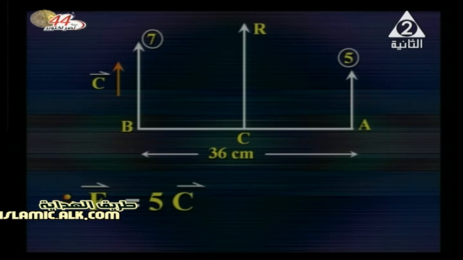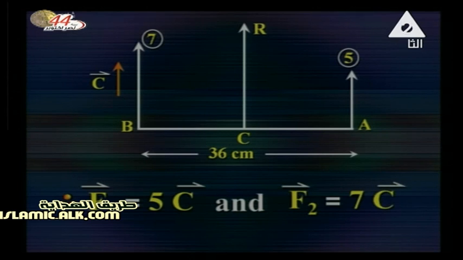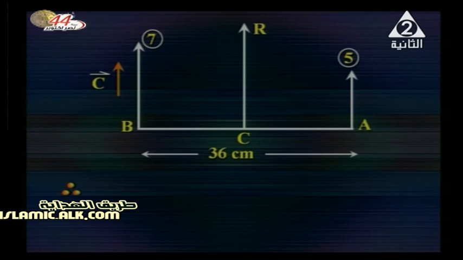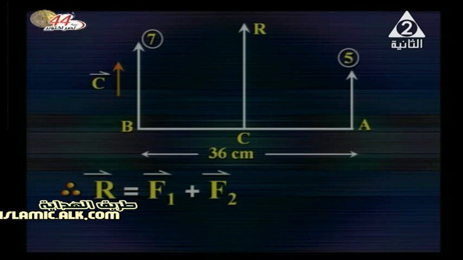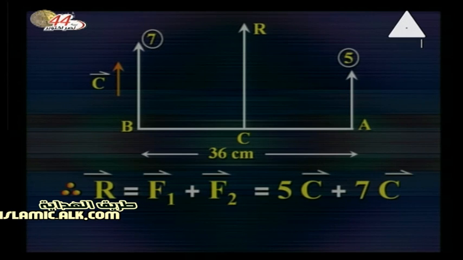F1 equals 5C, F2 equals 7C. What is R? The resultant of the two forces equals the sum of the two forces, F1 plus F2, equals 5C plus 7C, in the same direction, equals 12C.